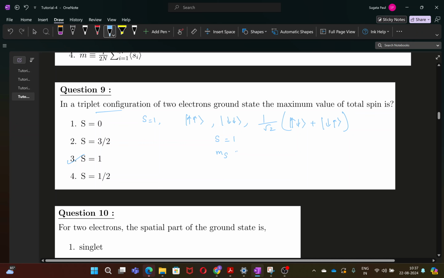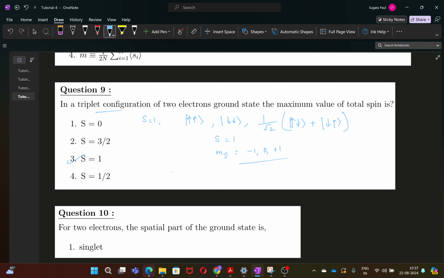According to the ms value, the z component of the spin angular momentum takes values from minus S to plus S, that means minus 1, 0, and plus 1. So this is the triplet configuration answer, that the total spin is equal to 1.